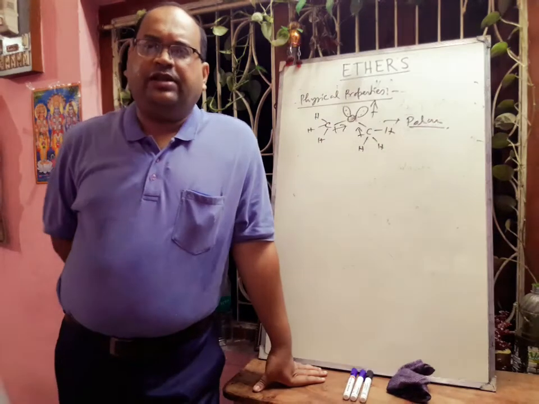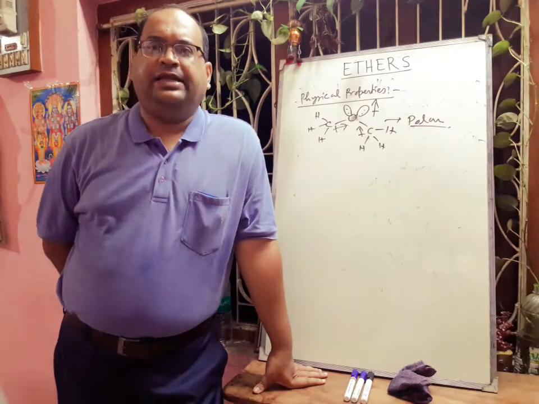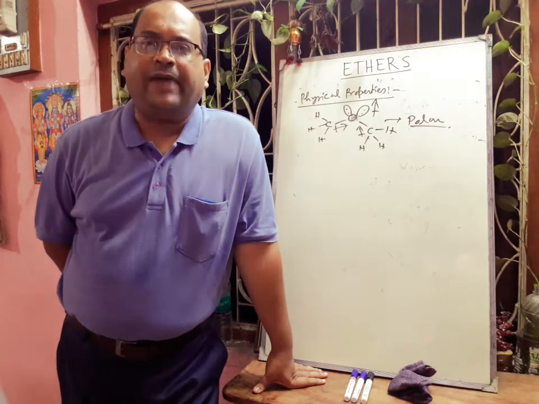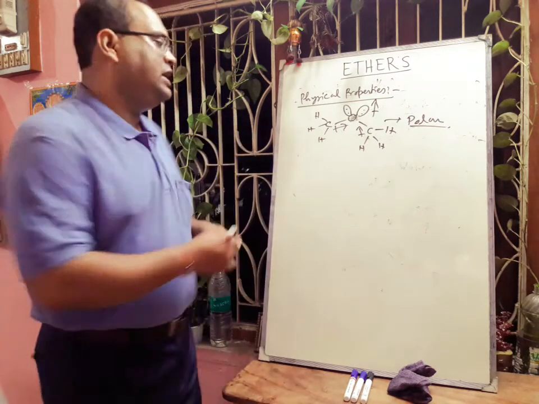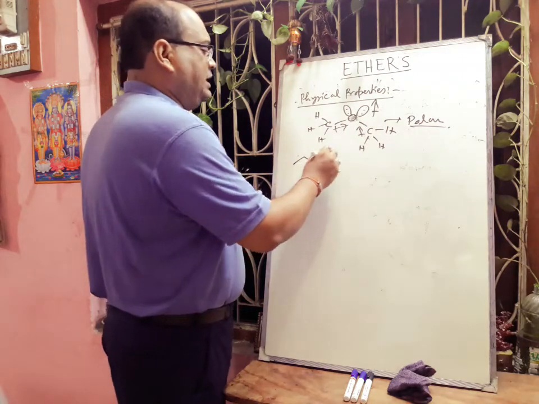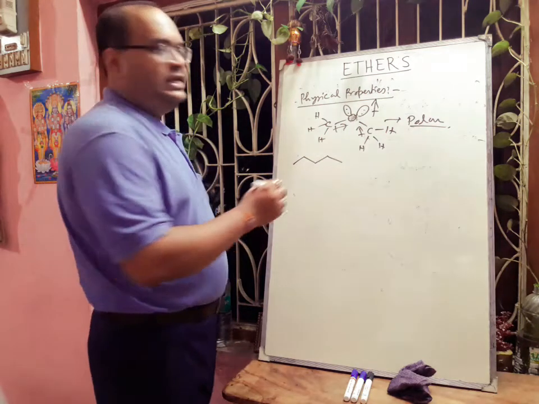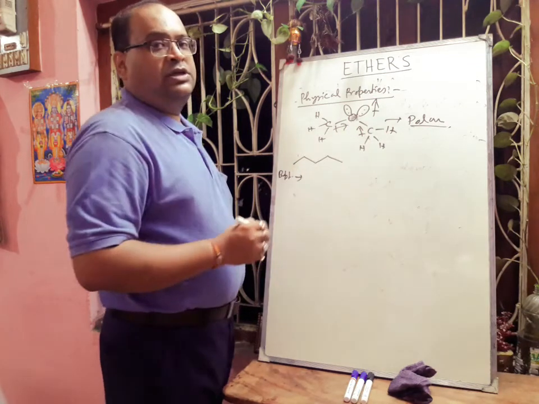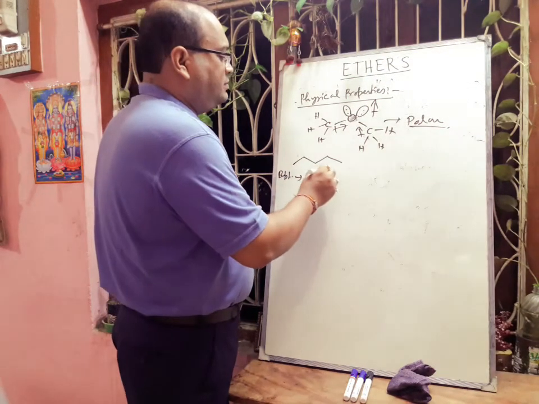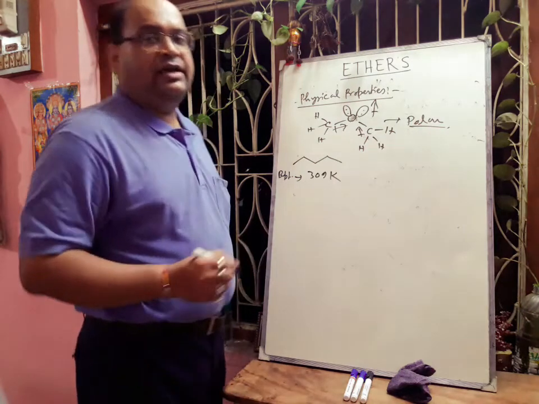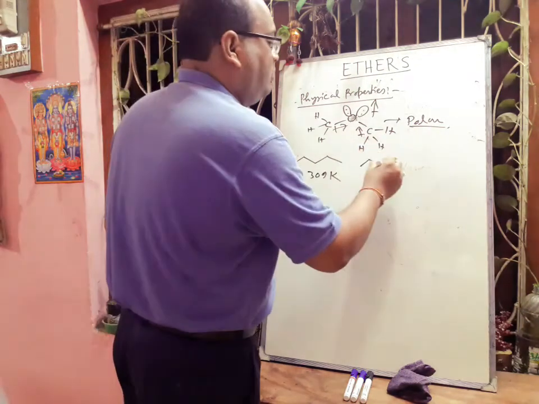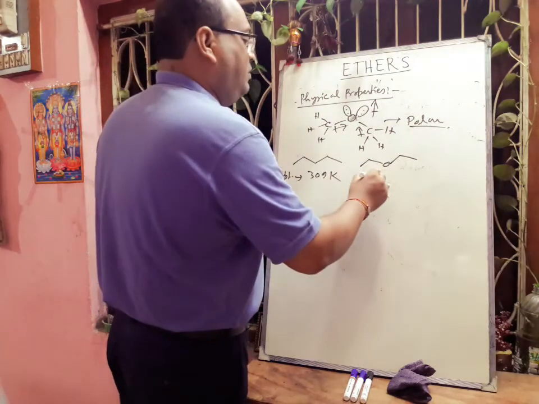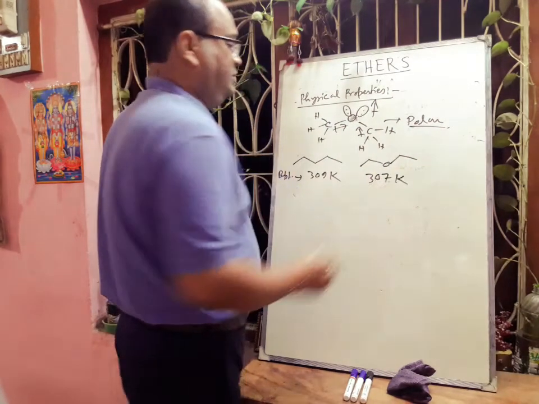So this weak polarity of ethers does not appreciably affect their boiling points, which are comparable to those of alkanes. If we think about pentane, the boiling point of pentane is around 309 Kelvin. If we talk about diethyl ether, its boiling point is 307 Kelvin.